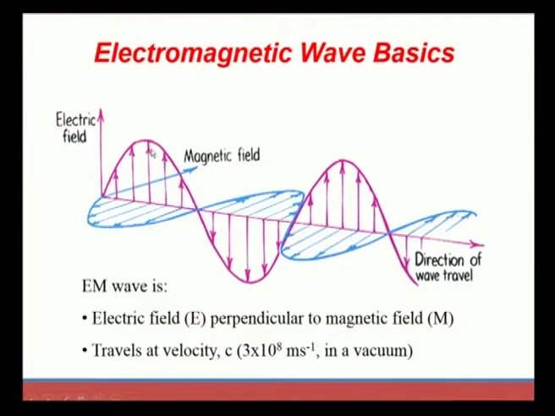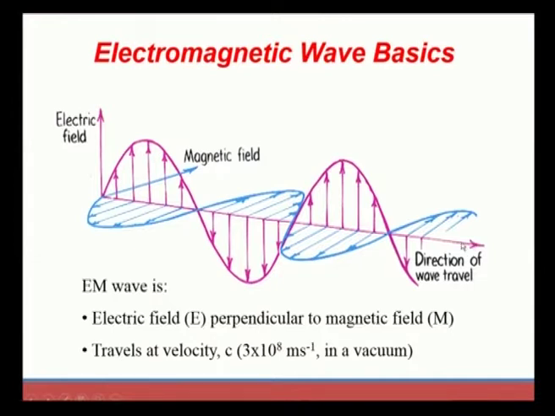These are the magnetic field lines, and both the electric field and magnetic field are perpendicular to each other, and the direction of travel is represented here. So, this is how the electromagnetic wave is, and how it moves is represented like this.